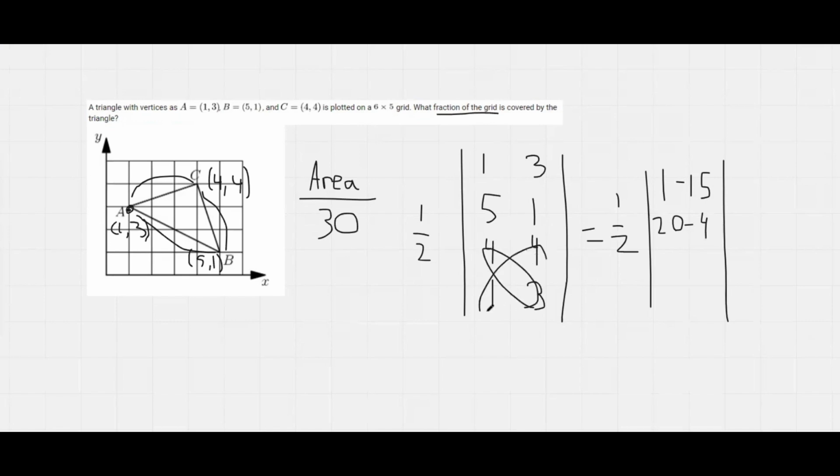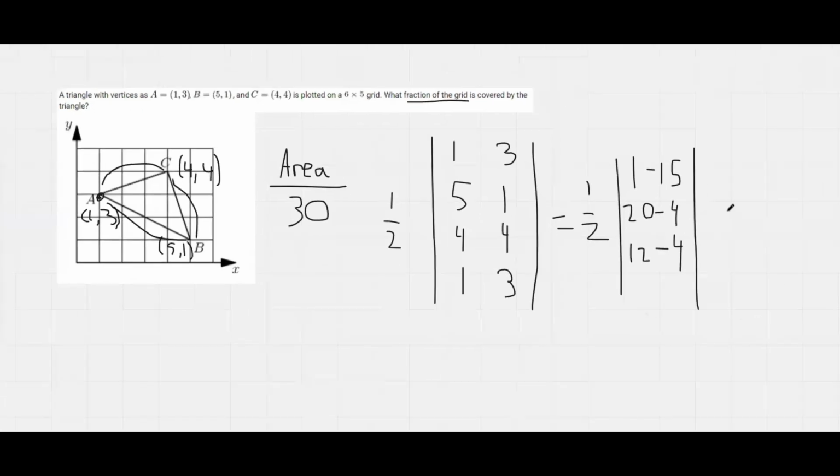So we end up having 12 minus 4. And now we can finally simplify all this out. So 1 minus 15 is -14, plus 20 is 6, minus 4 is 2, plus 12 is 14, minus 4 is 10. So 1/2 times the absolute value of 10 is just 5.